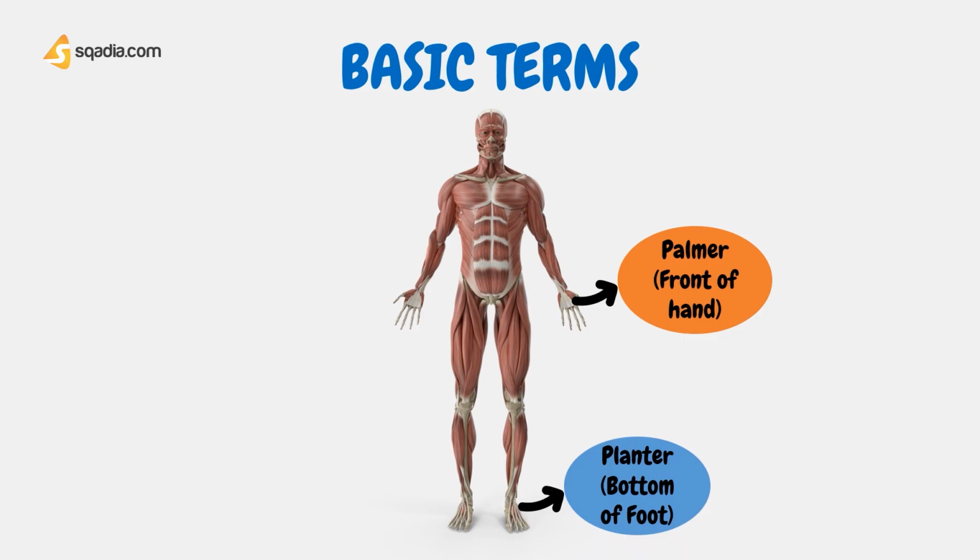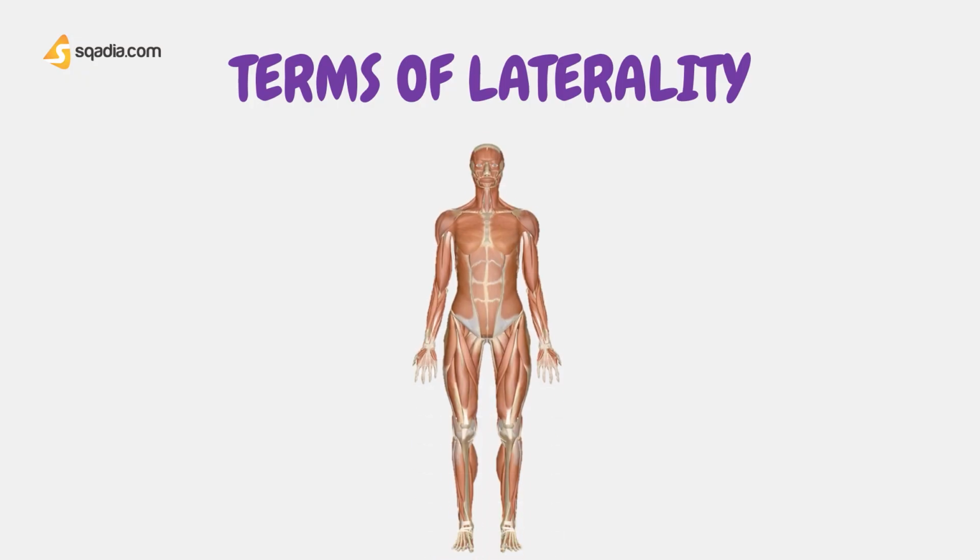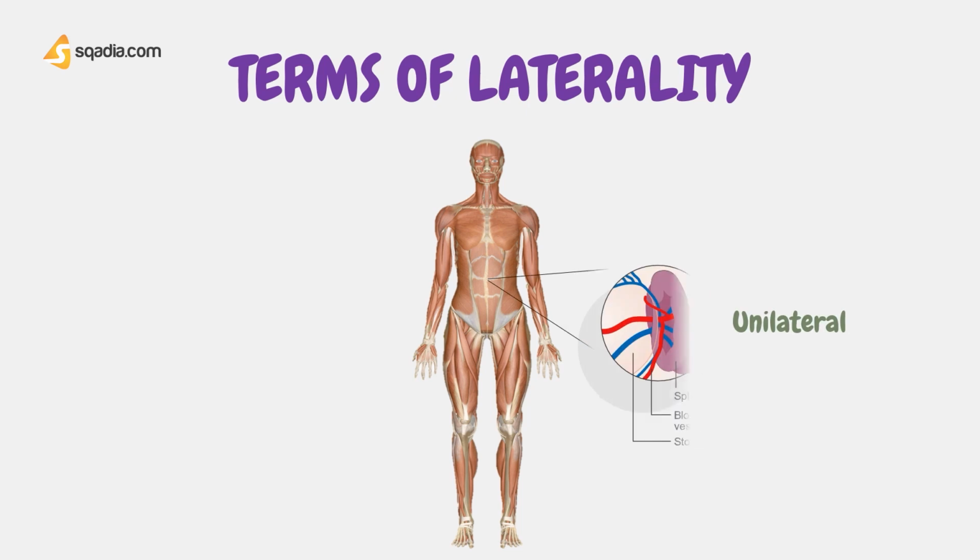Now talking about more terms. We will talk about some terms of laterality, which means these are the terms that have the suffix lateral, so we can memorize them easily. It can be illustrated by using this visual, as you can see. The first term is unilateral, as uni means one, so this term refers to the structures present only on one side of the body.